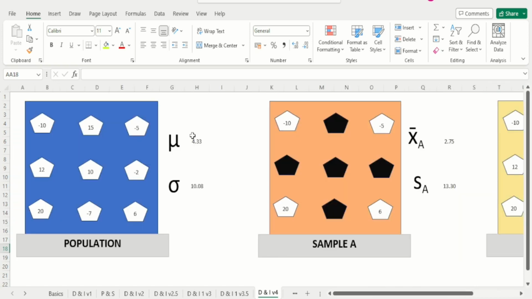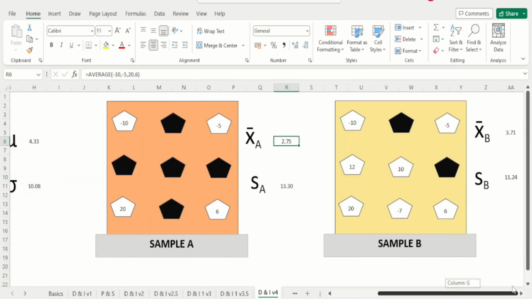So for the population parameter, your mean was 4.33, right? When you calculated the mean with a sample size of 4, you got 2.75. But with a higher sample size of 7, you got 3.71. As you can see, 3.71 is closer to 4.33, right?